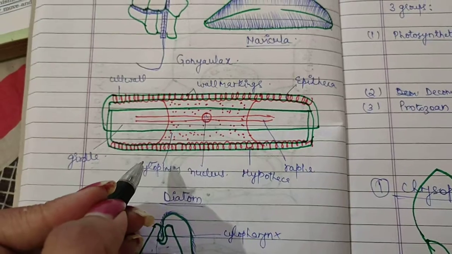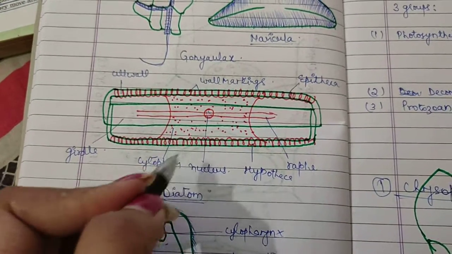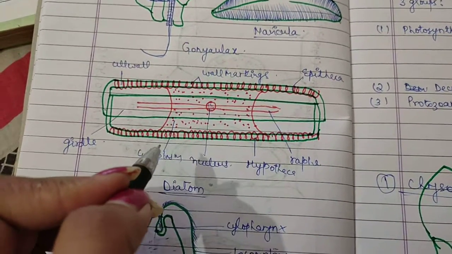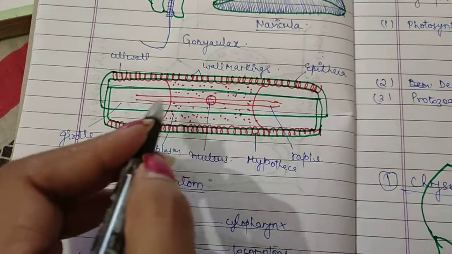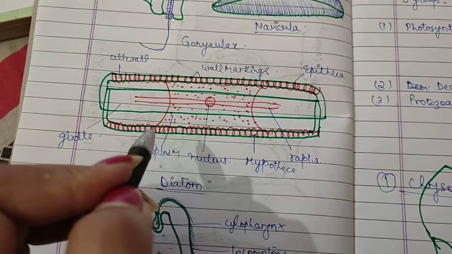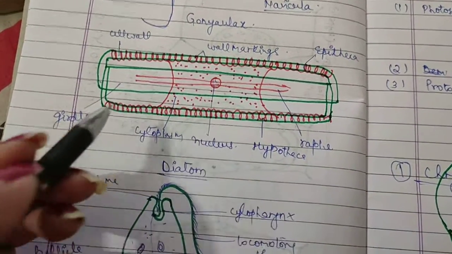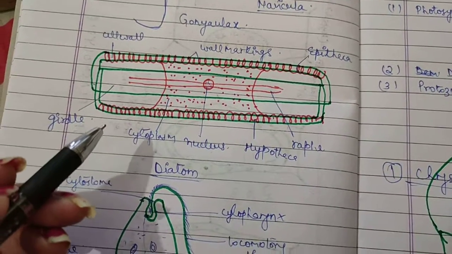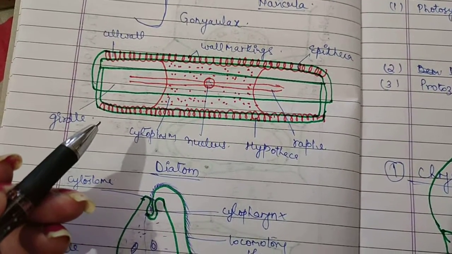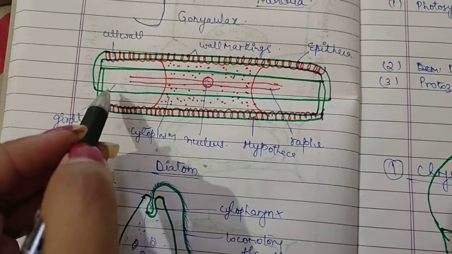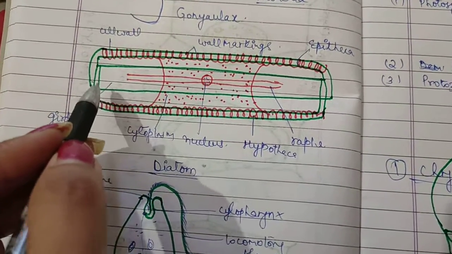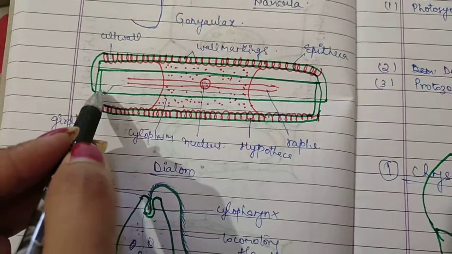Producer, you know that, is the organism which performs the process of photosynthesis. So diatoms are the major producers in the ocean environment, and most of them are photosynthetic. In diatoms the cell wall forms two overlapping shells.